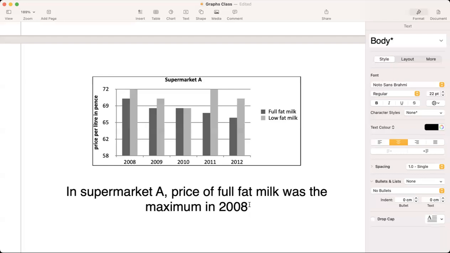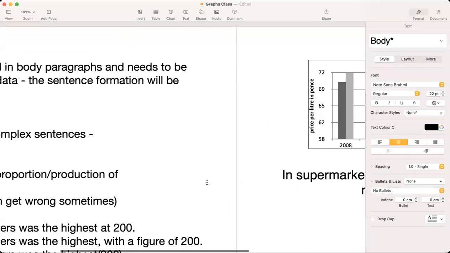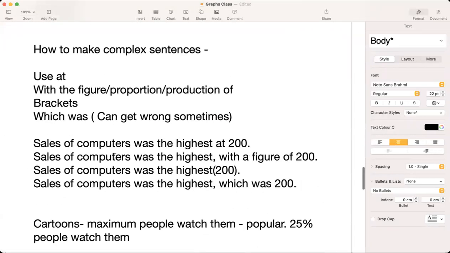They make complex sentences. So for example, I have given you 3 options. Look at the 3 options here. Sales of computers was the highest at 200. One option is you can put an at and then give the data. Or you can say sales of computers was the highest with the figure of 200. So that's the second option. Or you can put a bracket.